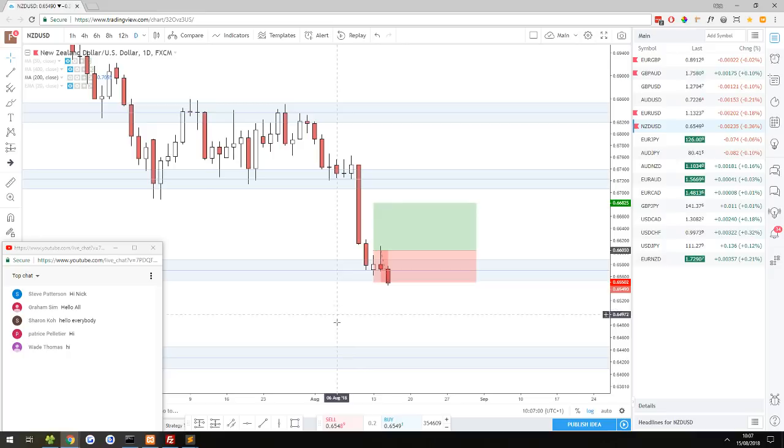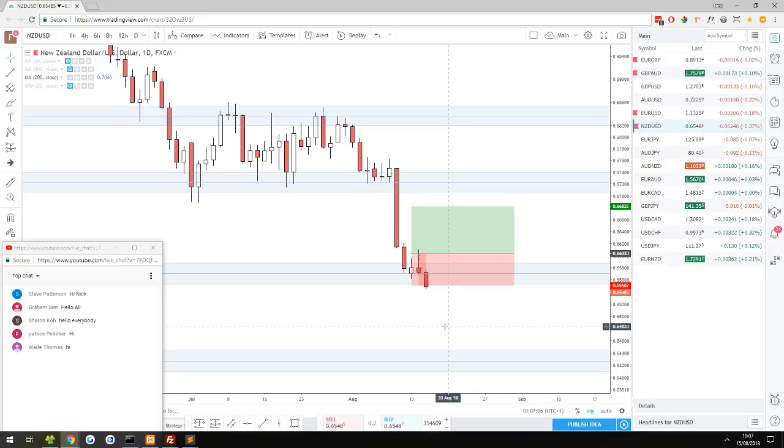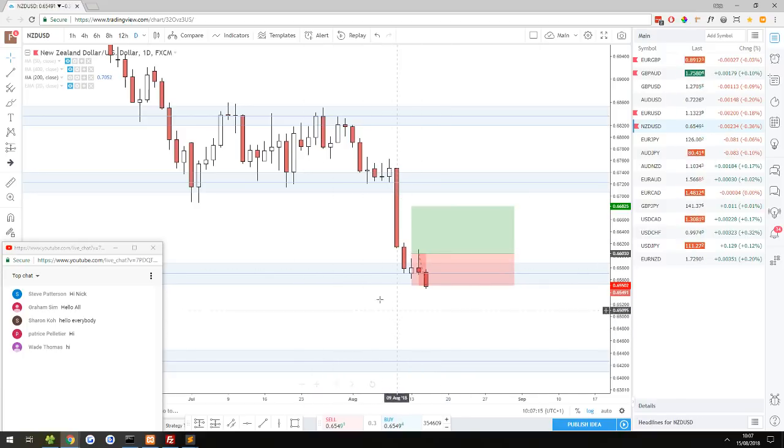One single loss doesn't matter in trading. Losses can happen for so many different reasons, and you just have to say, okay, moving on, next trade, take another trade. Once you have all those losses in your trading journal, you can look at them and say, okay, what are the similarities between these losses?